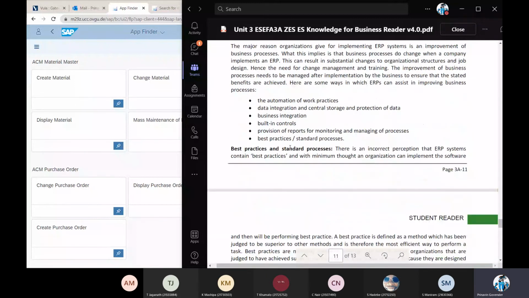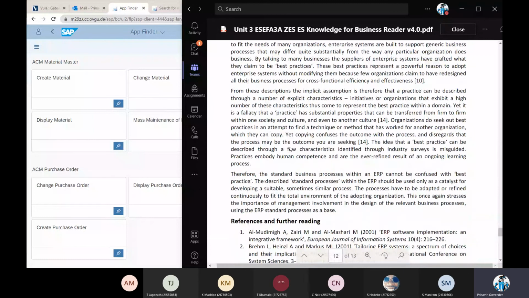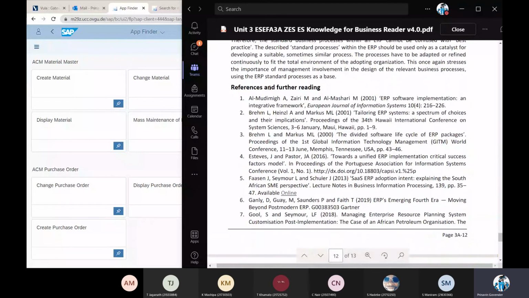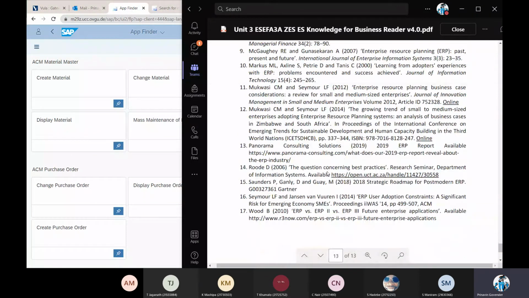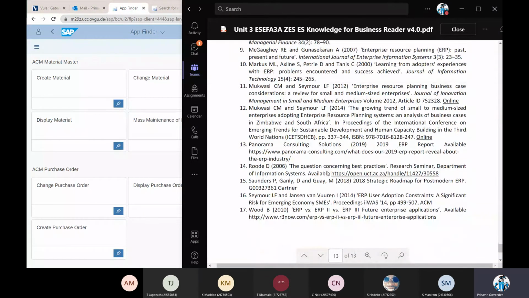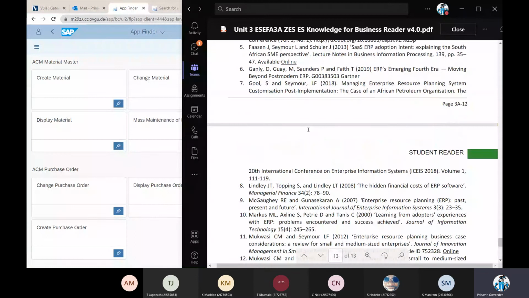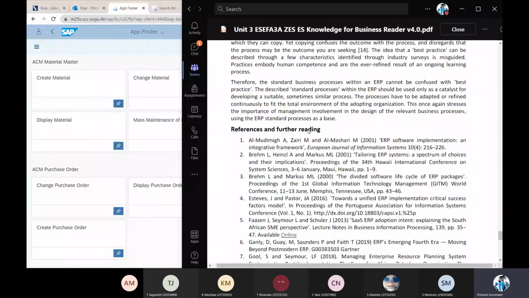Now, I noticed there are a number of references and further reading. Because you are research students, postgrad students, I'm considering dividing the readings. You'll notice there are 17 readings here. There are 30 of you. I'll allocate 2 per journal article, and I'd like you to extract the important points in each article.